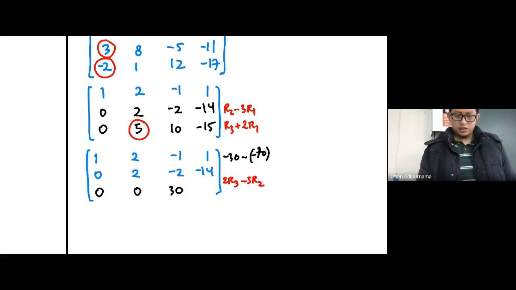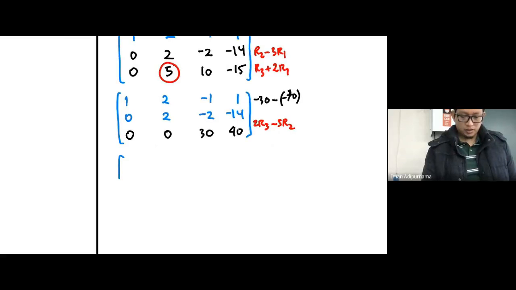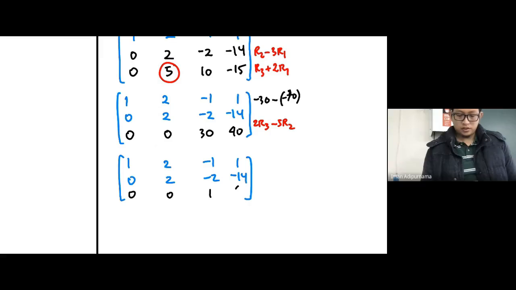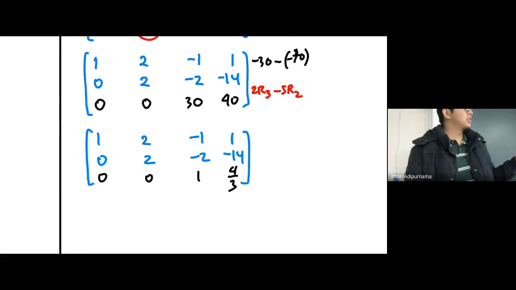So it's 40, 40, right? And then we write down 1, 2, and divide by 30. So it's 4 over 3, right? Anyone got the same as me? Same? Okay.